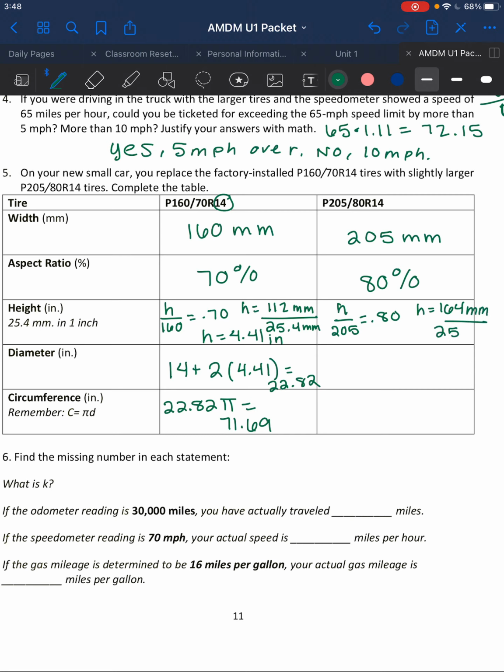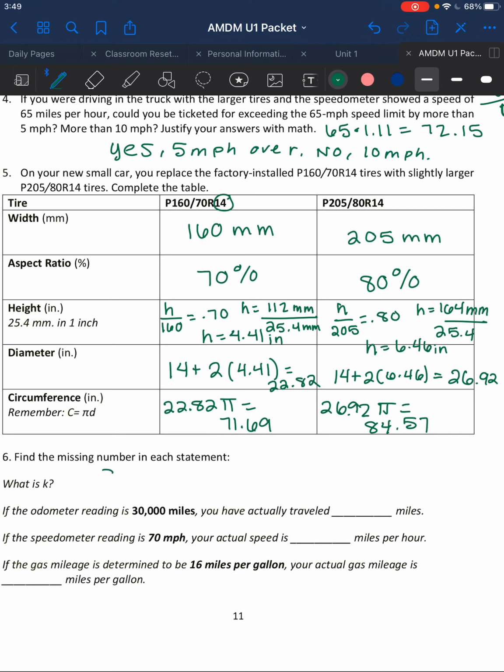Divide by 25.4, and my height in inches is 6.46 inches. To find my diameter, 14 plus 2 times 6.46 gives 26.92. Then 26.92 pi is equal to 84.57.